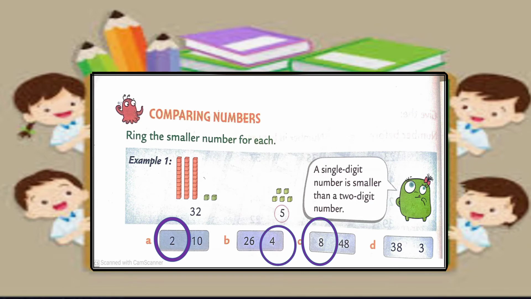Number D, 38 and 3. 38 and 3. So, what do you say? Which is the smaller number? Yes, number 3. I hope you all have completed till now.